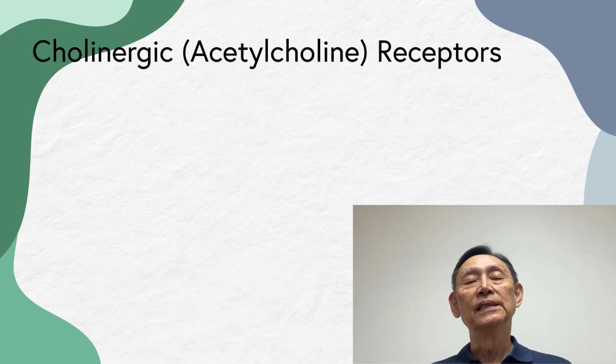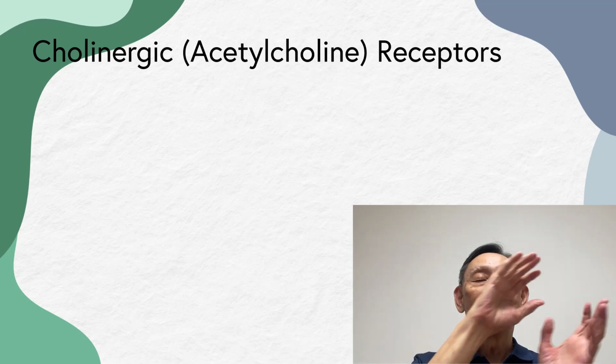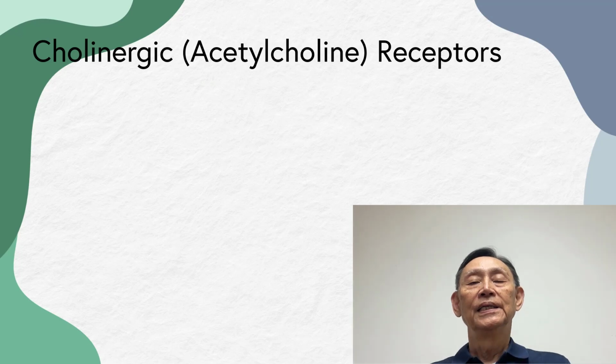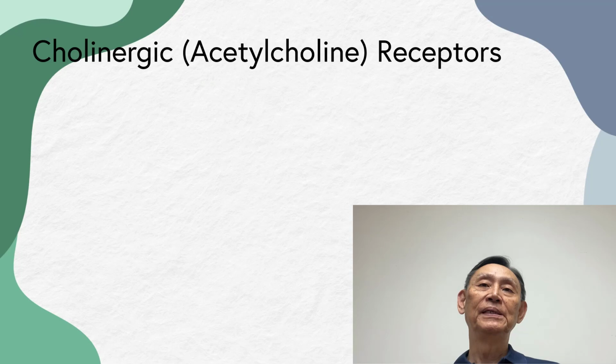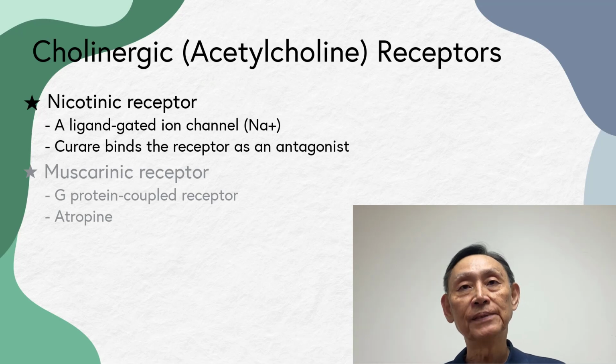When we talked about the autonomic nervous system, we already talked about preganglionic neurons and postganglionic neurons. Even though they all use acetylcholine as the transmitter, the receptor may be different. So there are two major types of cholinergic receptors. One is called the nicotinic receptor.